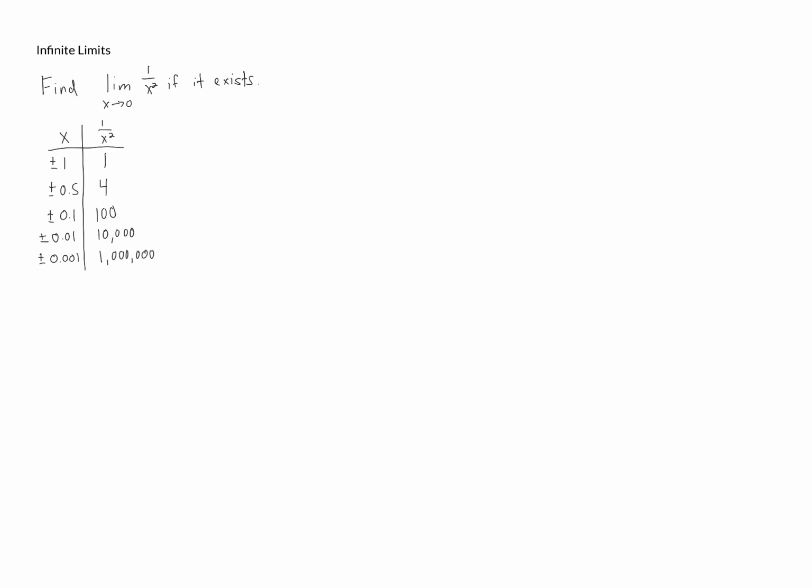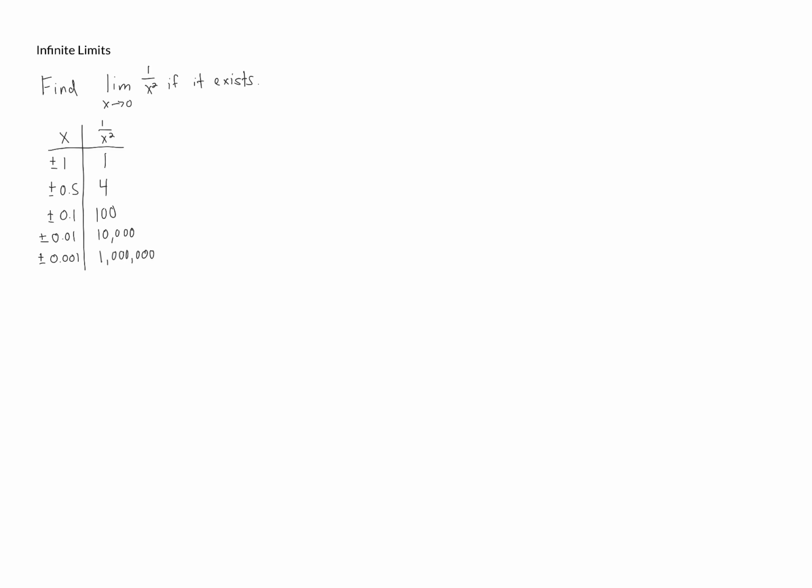And so if we look at what's happening as x gets closer and closer to 0, the values of our function are growing astronomically. Now, since they don't approach a single number, these are not getting closer and closer to a real number, our current definition of limits would say that the limit doesn't exist.